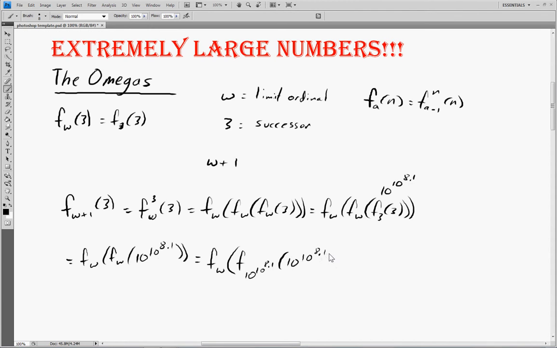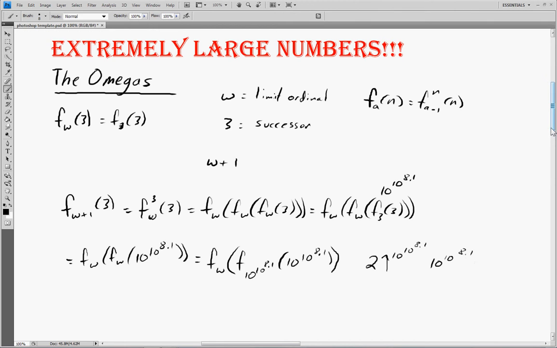So this really shows the power of infinite ordinals, and it explains why things like infinity plus 1 are useful, because we can couple the power of recursion with diagonalization to reach these huge numbers, because this here would be equivalent to let's say 2 with 10 to the 10 to the 8.1 up arrows, 10 to the 10 to the 8.1.